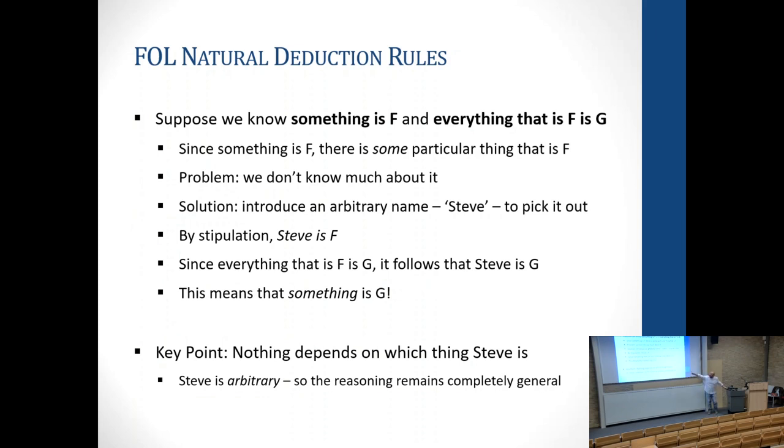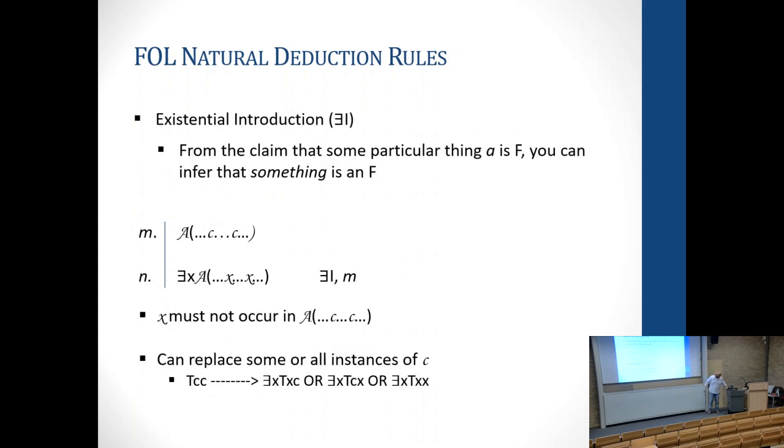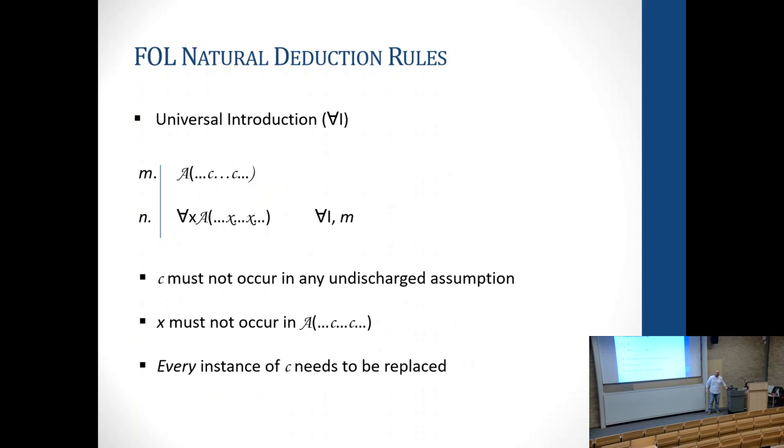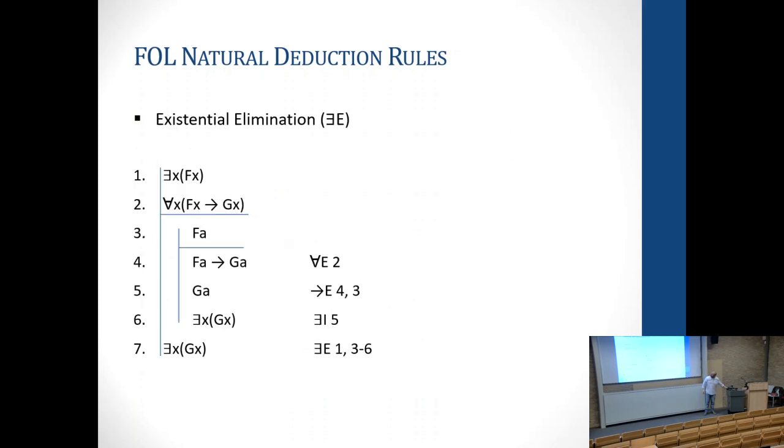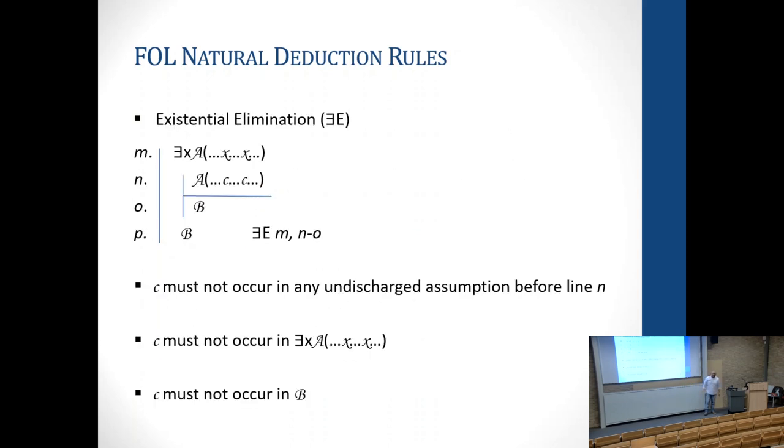Note that that same reasoning is going to work here just as much as it does here. It doesn't matter that we were talking about Steve. We could have been talking about Alice or Bill or Teddy. The name is irrelevant. It holds for everyone. In this case, it doesn't matter that we used Steve.